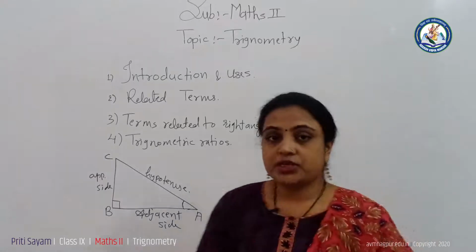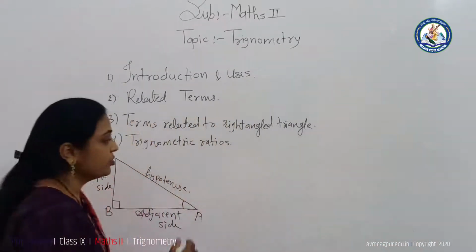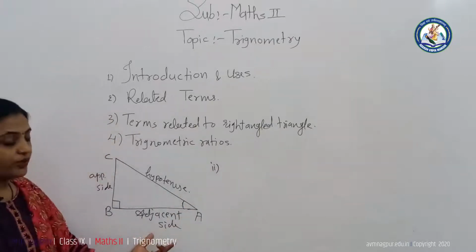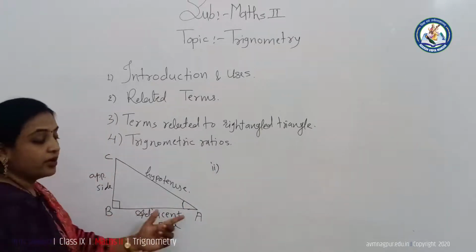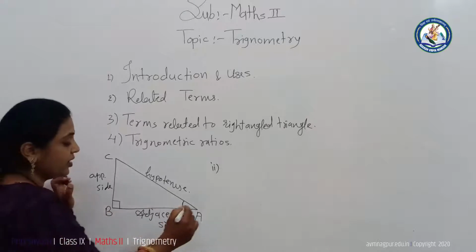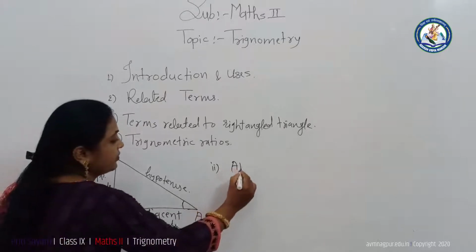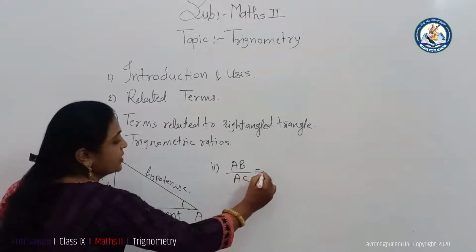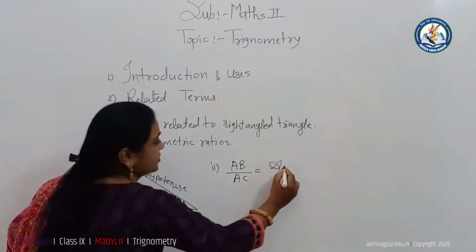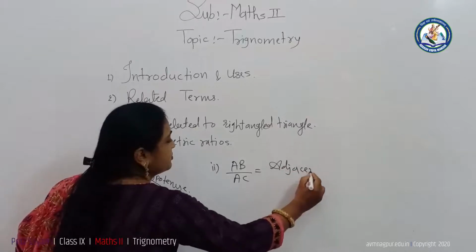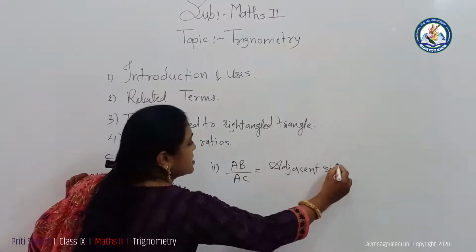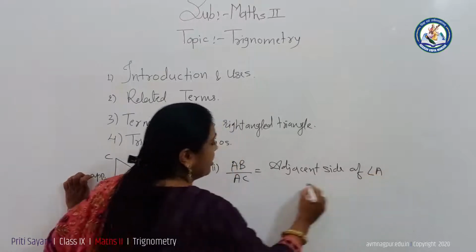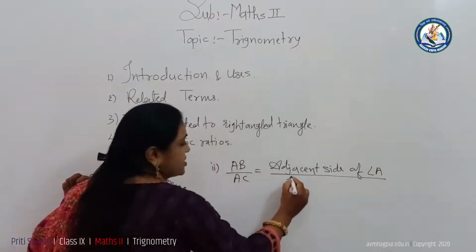Now the first ratio we have seen, and our second ratio is the cosine ratio. For the cosine ratio we need the adjacent side of angle A upon the hypotenuse.